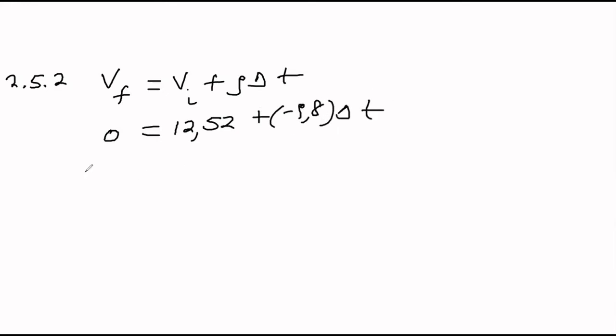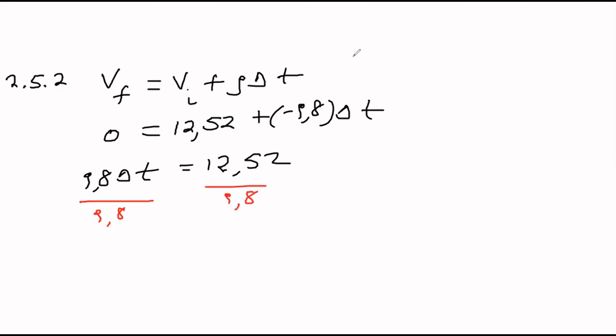So you can take the term with T to the left, it becomes positive. Then to get t, we can divide both sides by 9,8 to make t the subject of the formula. What is 12,52 divided by 9,8? It is 1,28 seconds.